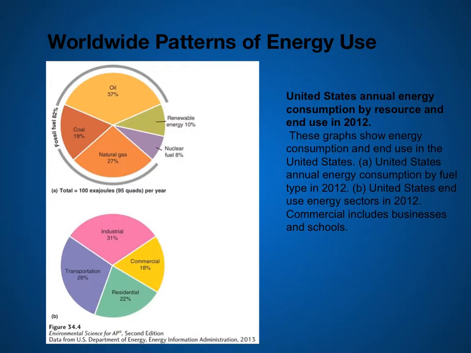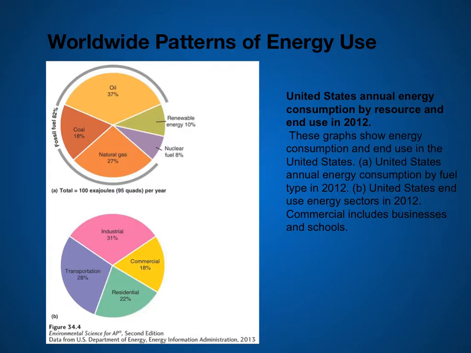You can see in these graphs that U.S. energy consumption in 2012 was approximately 1 times 10 to the 18th joules per year. And the energy mix in United States consumption is 82% fossil fuels, 8% nuclear fuel, and 10% renewable energy sources.